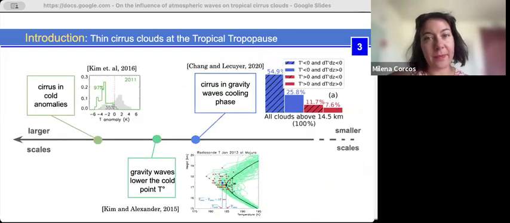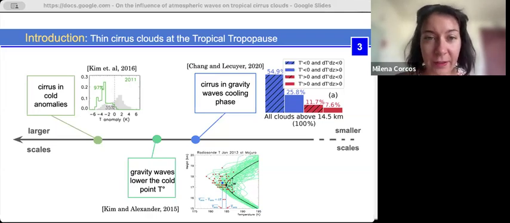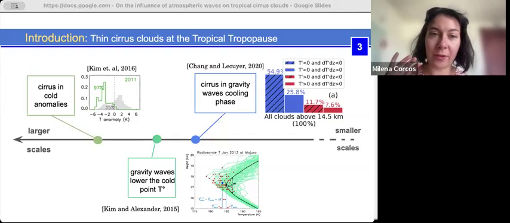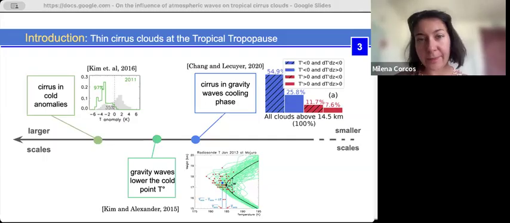So several observational studies have shown that atmospheric waves play a central role in shaping the TTL cirrus. For example, at larger scales, Kim et al. 2016 found that tropical cirrus preferentially occur within the wave-induced cold anomalies.